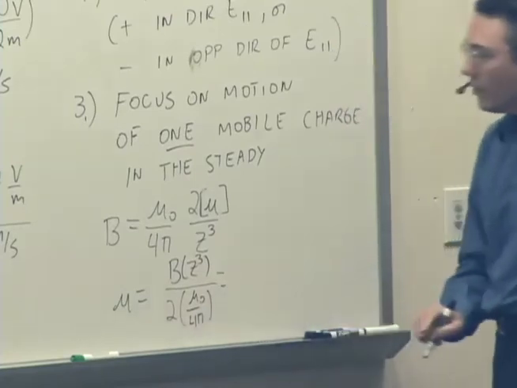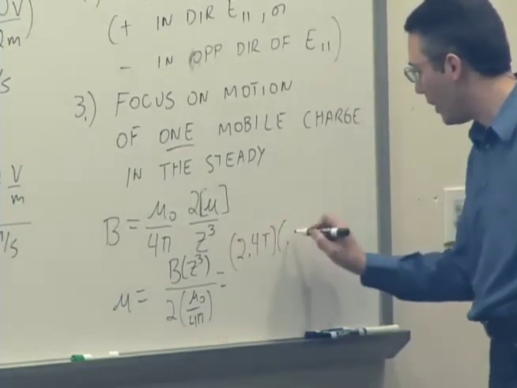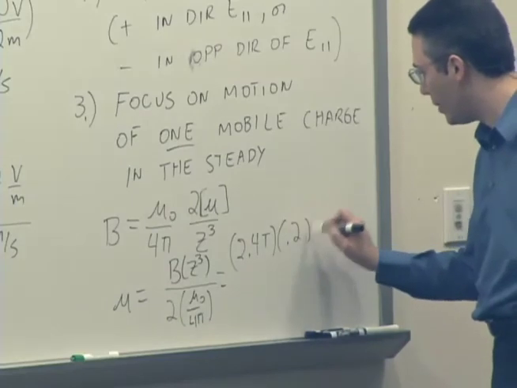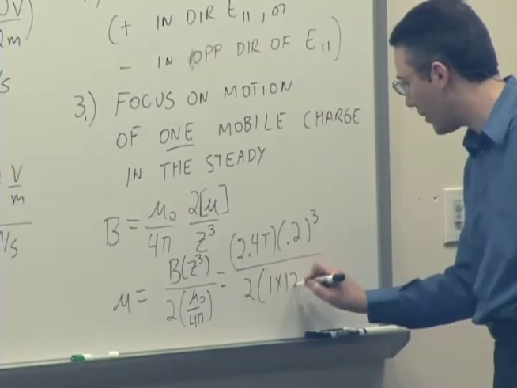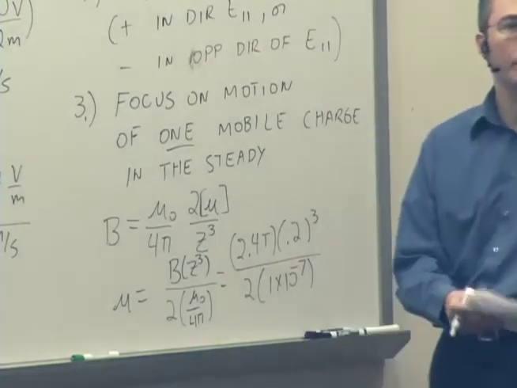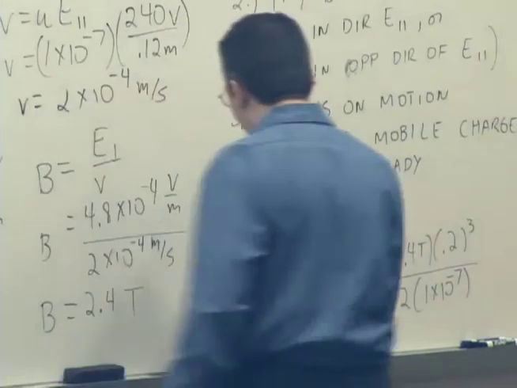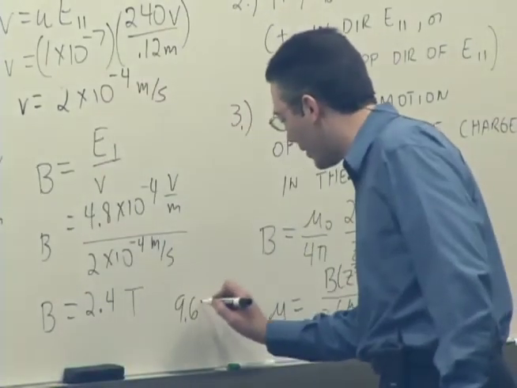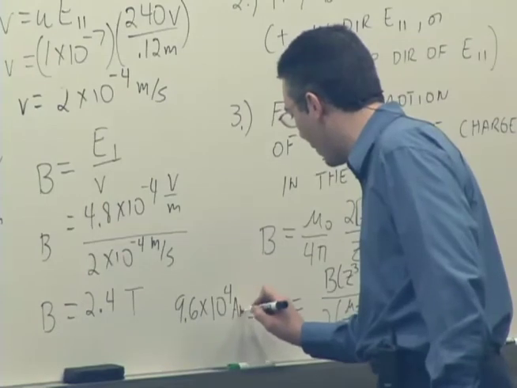So we have 2.4 Teslas times 0.2 meters cubed divided by 2 times 1 times 10 to the minus 7, which gives us what? Plug it in. 96,000? Okay, it's a pretty large magnetic dipole moment, 9.6 times 10 to the fourth, and the units are amp meters squared.